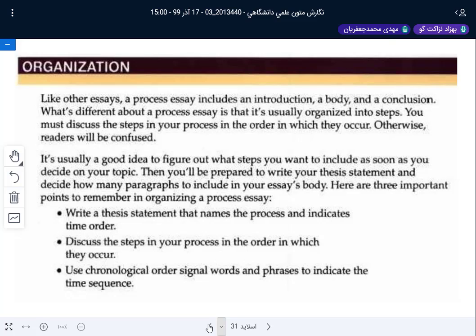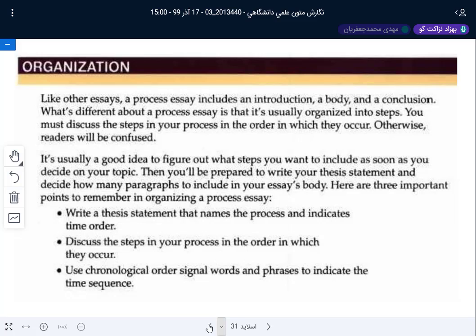Yes, go on. It's usually a good idea to figure out what steps you want to include as soon as you decide on your topic. Okay, this is a part of the brainstorming. This is a part of the pre-writing. You have to organize your ideas and see what you are going to include in your writing. Then you'll be prepared to write your thesis statement and decide how many paragraphs to include in your essay's body.